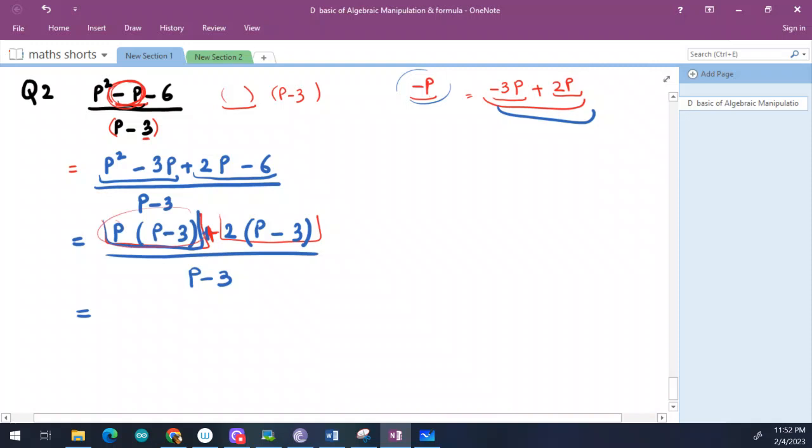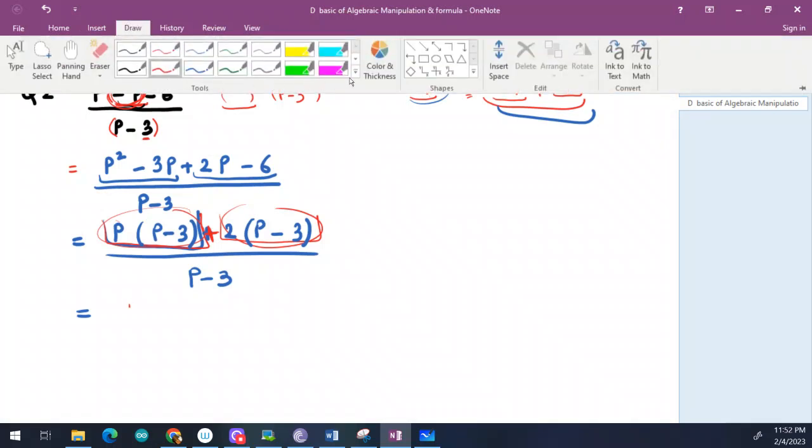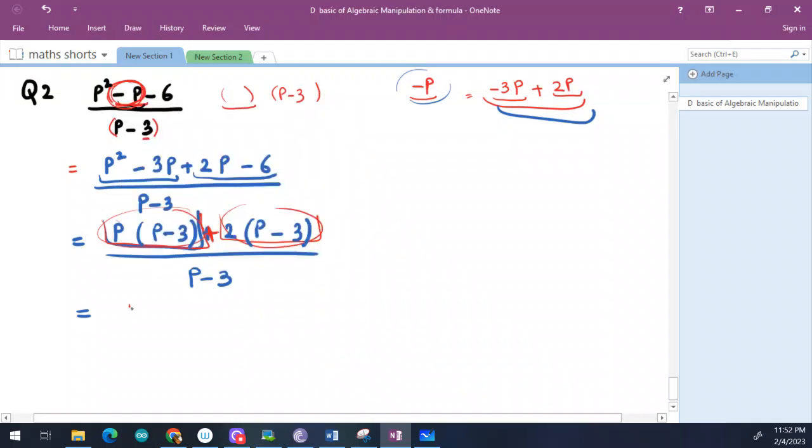In this whole term you can see p minus 3, and in this whole term you can see p minus 3. So we can take p minus 3 common from both of these terms. This is one term and this is another term.